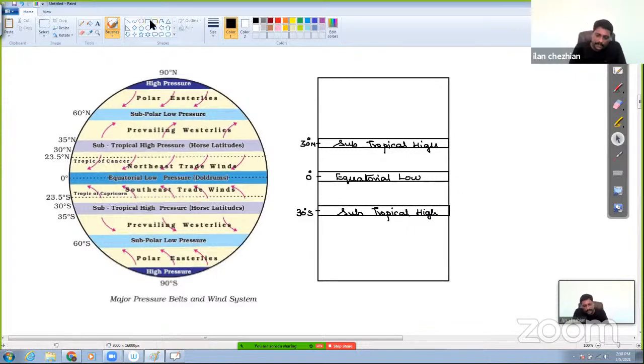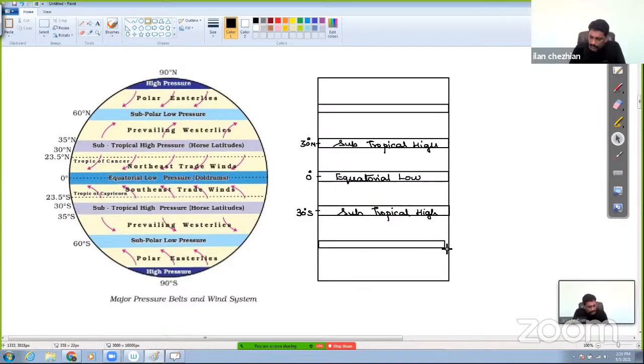Somewhere around 60° north and 60° south latitude, what we have is subpolar low, my friend.